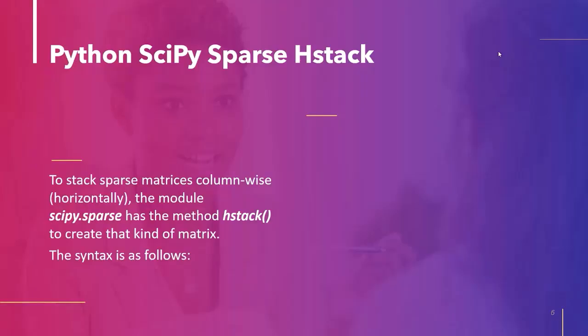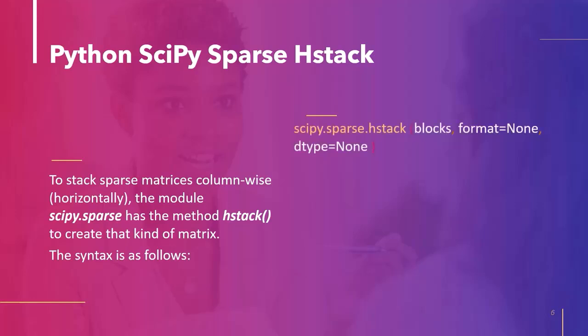Our next topic is Python SciPy sparse hstack. The method hstack of the scipy.sparse subpackage is used to horizontally stack sparse matrices, like column-wise. The syntax of the method is as follows. It has several parameters. Let's know about these parameters.